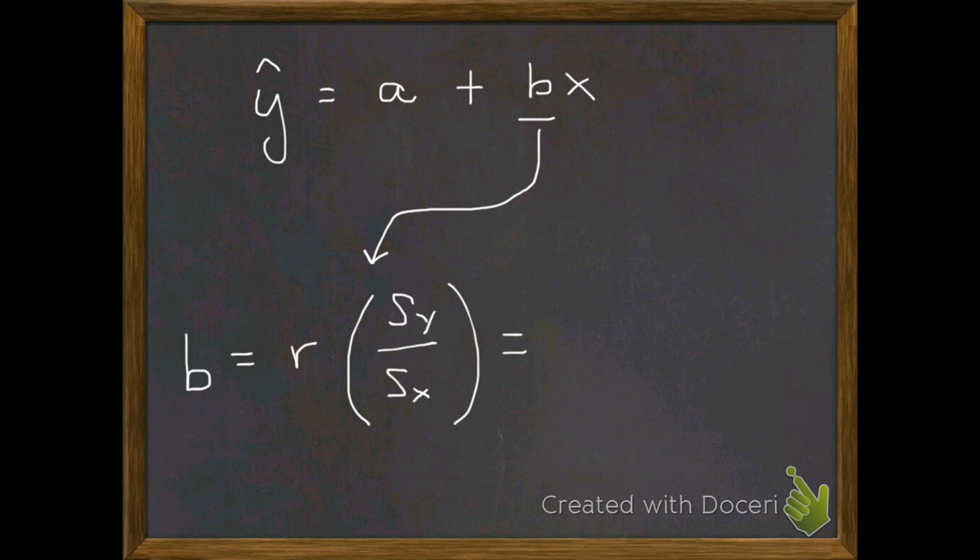Okay? So the R value here was negative 0.68. Our standard deviation for y was 5.03. And our standard deviation for x was 20.79.